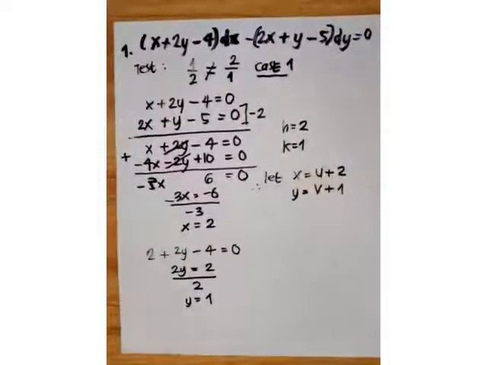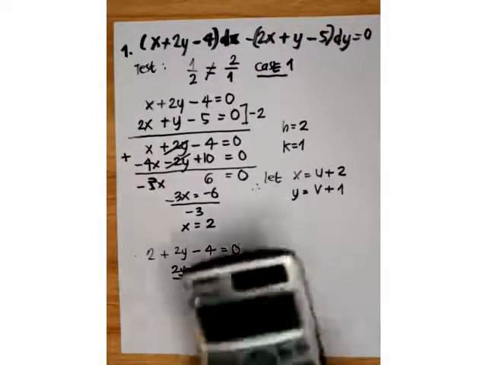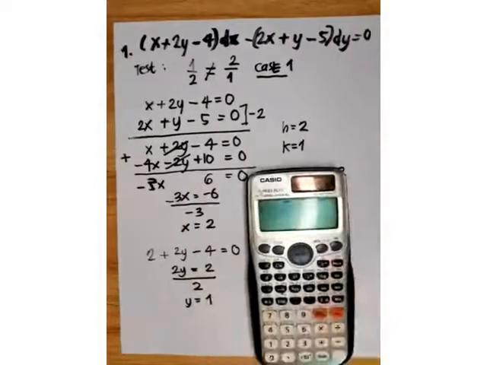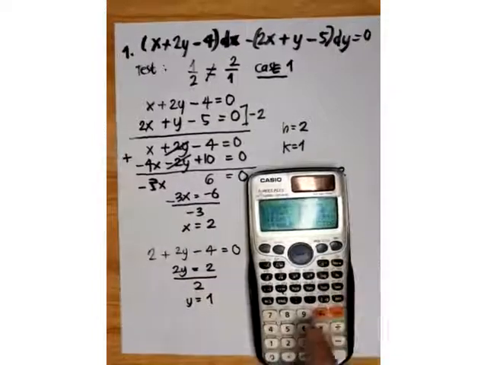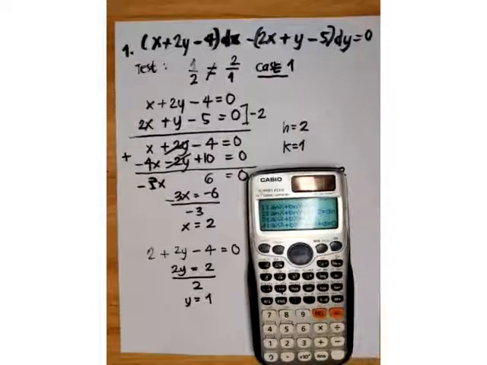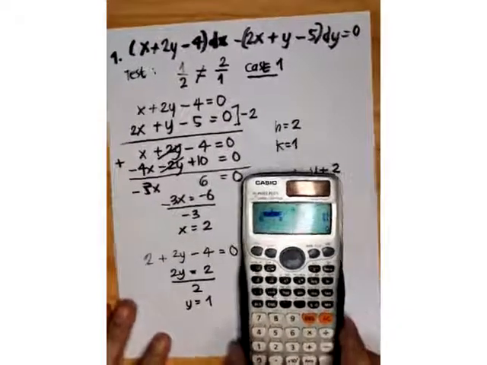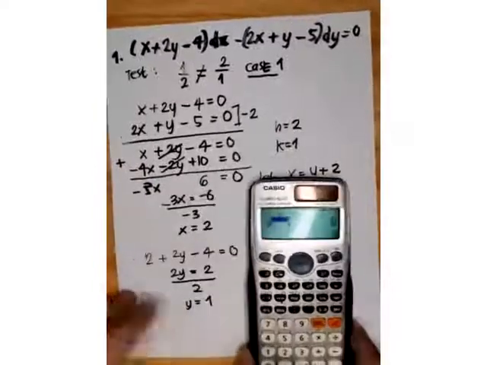Okay? So we let x is equal to u plus 2. Okay, if you want to check, you can use your calculator. So I'm not sure if you know how to use it. So mode 5, 1. So type nyo lang ito.